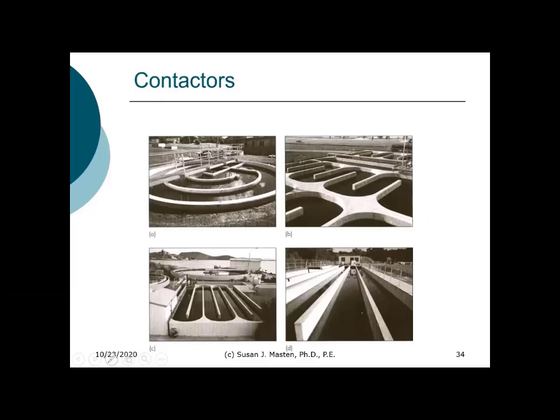So in terms of contactors, what we want, especially if we're looking at chlorination, is a contactor that achieves plug flow. And what you see are various different configurations that attempt to ensure that. You can see here your water is flowing in a serpentine direction, because what we want is plug flow.